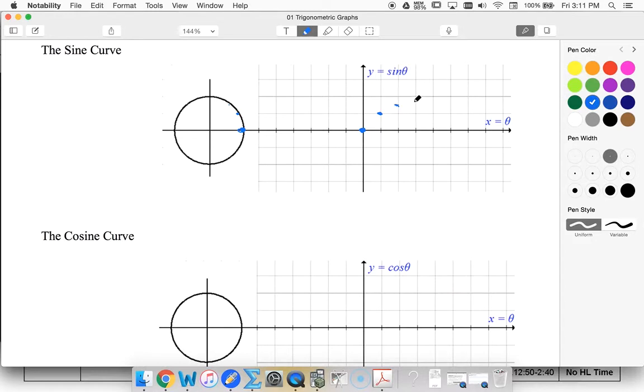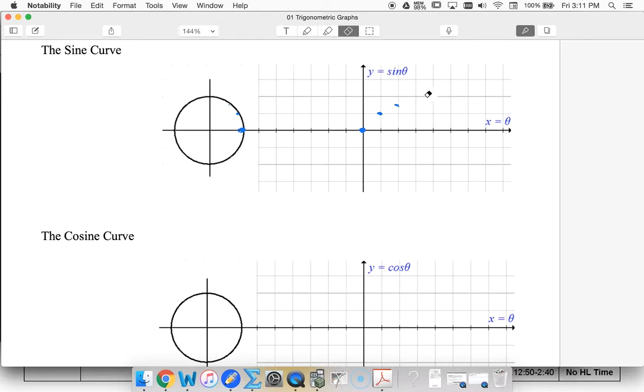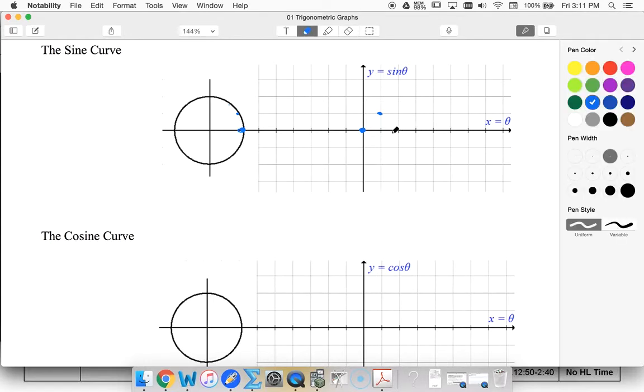At 60 degrees, I've got root 3 over 2, which is even higher. And then at 90 degrees, I have... oh, that should have been 60. Sorry. All right, 45 would have been here, and then 60 degrees a little bit higher up, and now 90 degrees is at 1. So these are my points I know clearly, my 0, my half, and my 1.